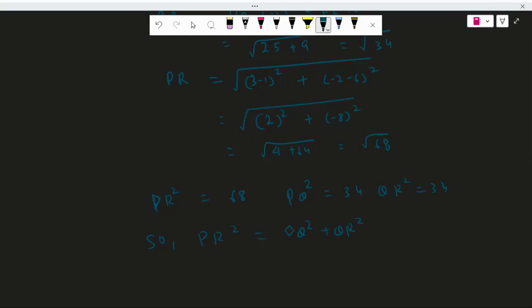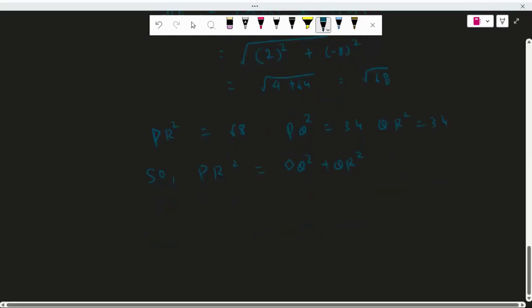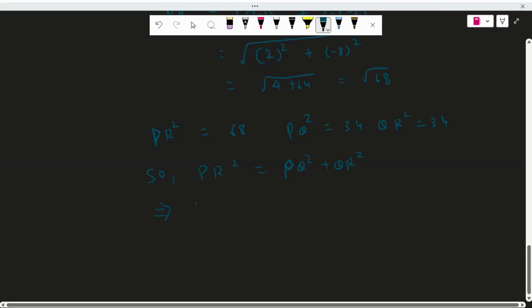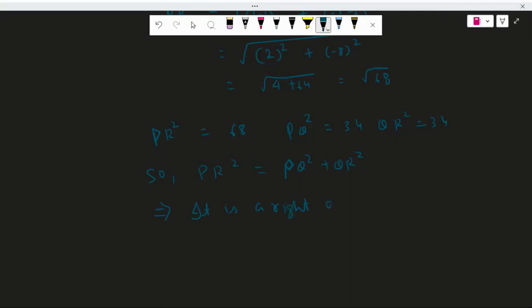That means it is a right angle triangle, which implies this is a right angled isosceles triangle. Why isosceles?